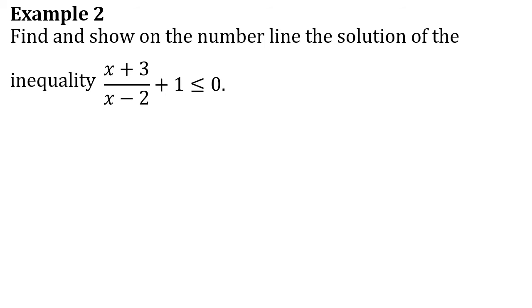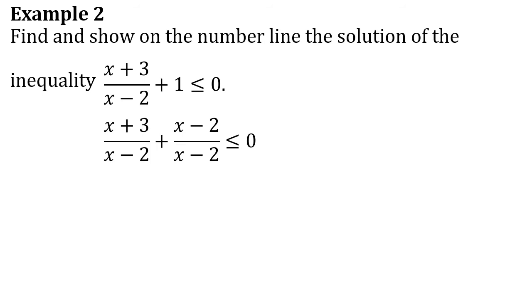Because before we solve for the solution of an inequality, a single rational expression must first be compared to 0. So the LCD is x - 2. That's why it will become like this: (x + 3)/(x - 2) + (x - 2)/(x - 2).